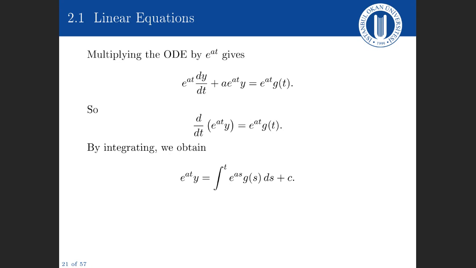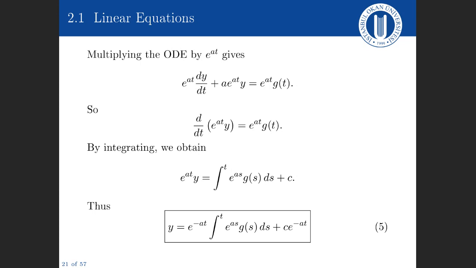I'm worried that it's going to get a little bit complicated, so I'm using a different dummy variable, s, inside the integral while I'm calculating the integral, and then after that is done, I'm going to replace it with t. So that's just why there's an s there. Divide both sides by e to the power at, and we have a general formula for the solution to an equation of this form.